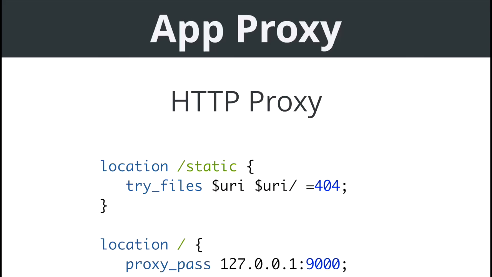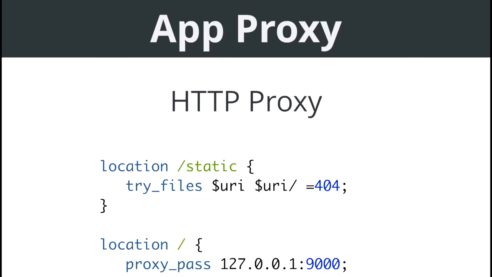So in this case, a typical setup is to have Nginx. Well, let me put it this way. When we have an application, Nginx sits in front of it and has to accept requests, but we need a way to tell Nginx when to serve static files, your JavaScript, your CSS, your images, and when to send a request off to your application.